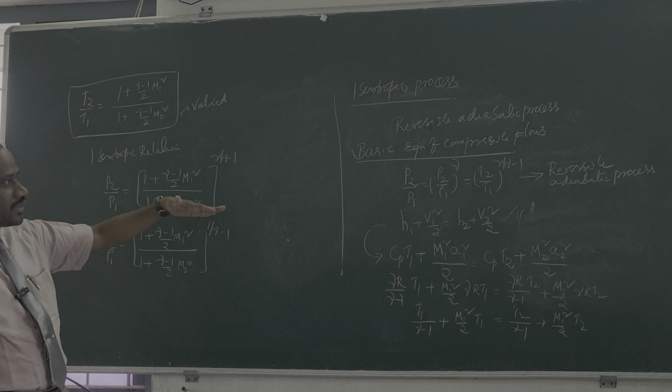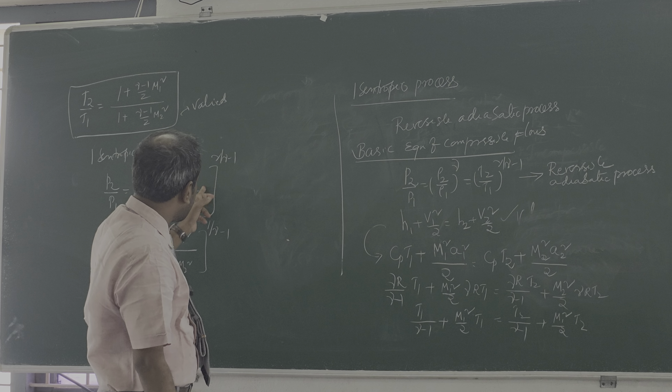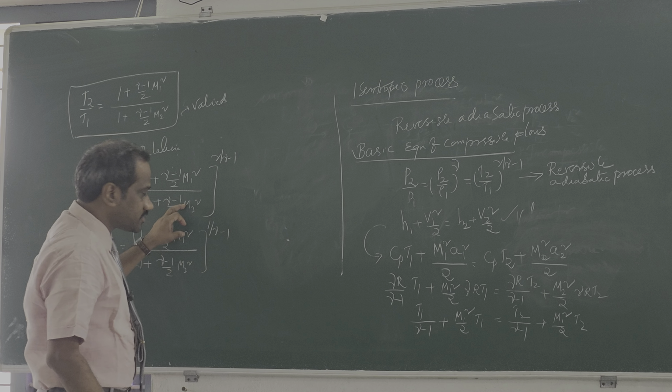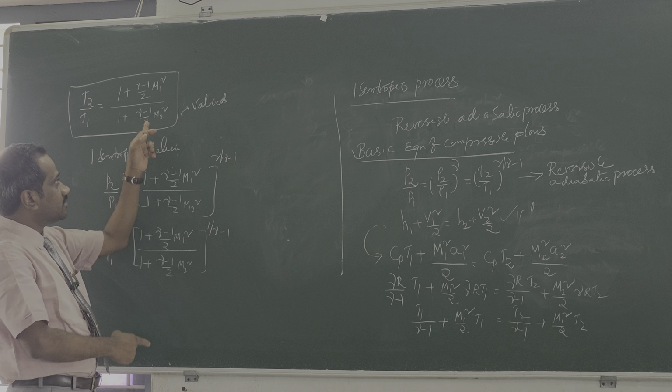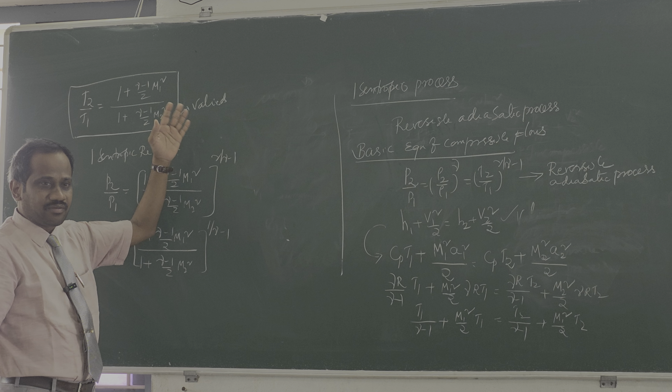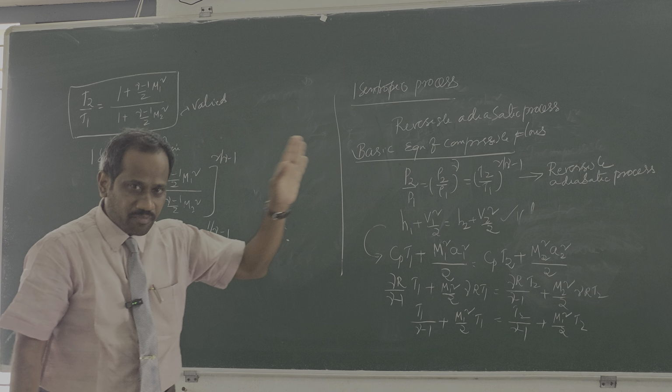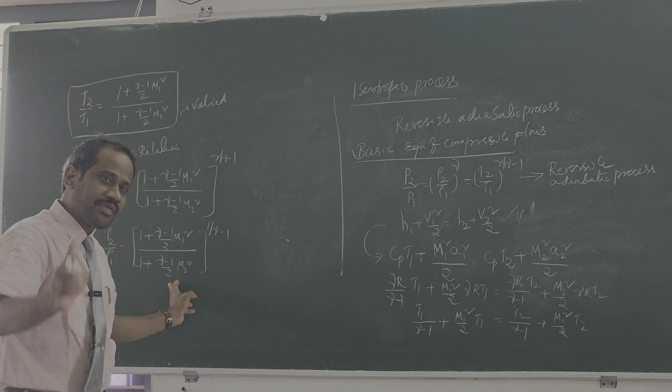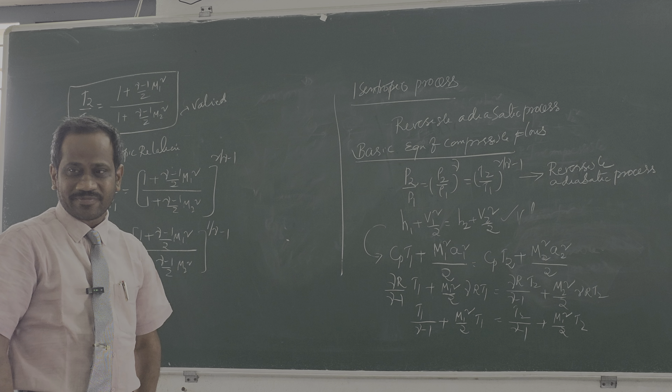These are called basic compressible flow equations. These three. These two are specially isentropic flow relations. This is applicable for both isentropic and irreversible adiabatic. Understand? Now take up that problem and solve in a simplest possible way.